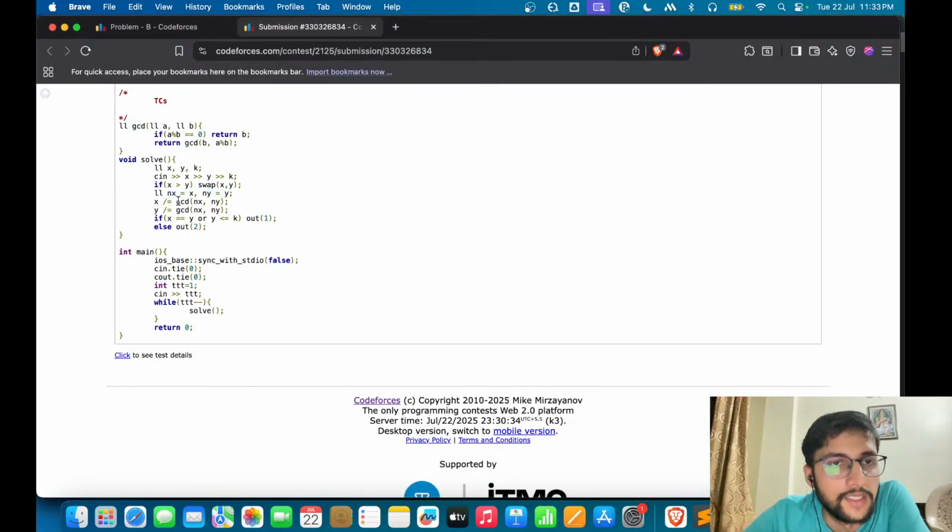So this GCD is basically g for original x and original y, and this is extra, it can be removed. But if the greater element is smaller than or equal to k, then we can reach 0 comma 0 in one operation, otherwise we will have to make 2 operations.